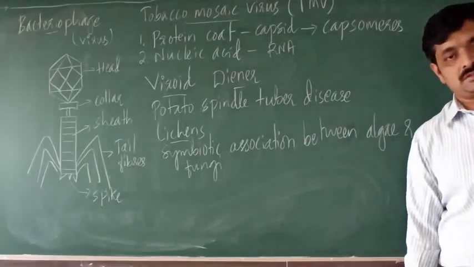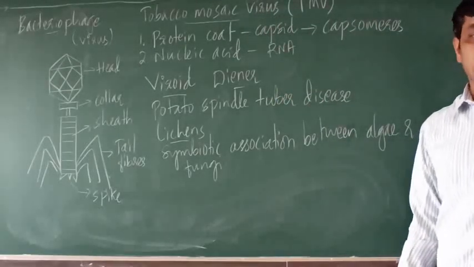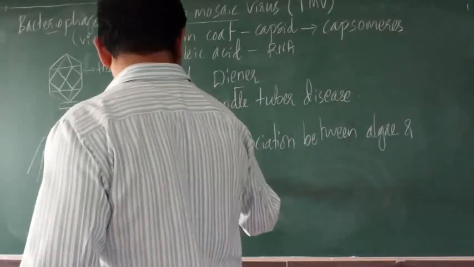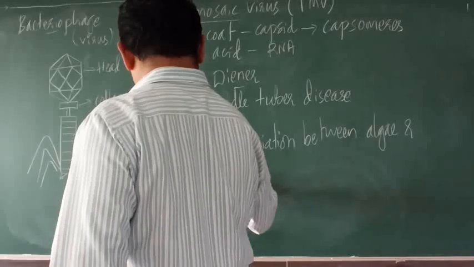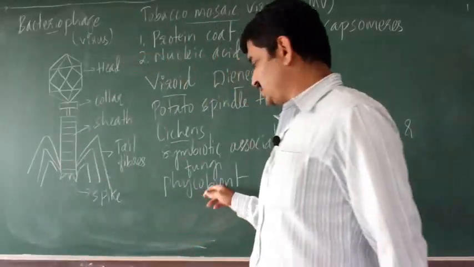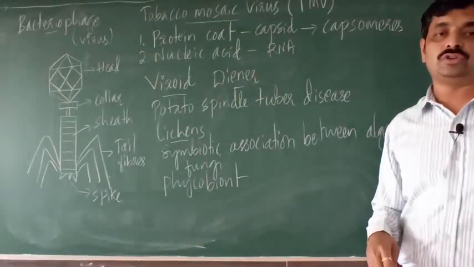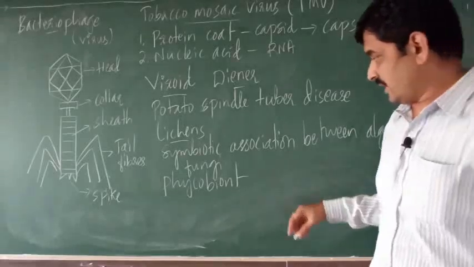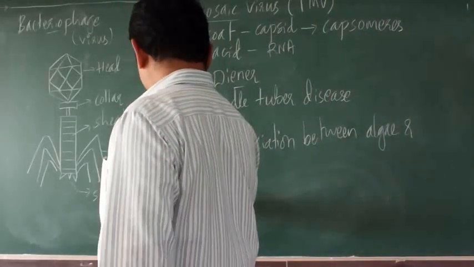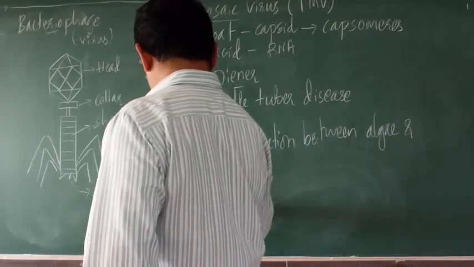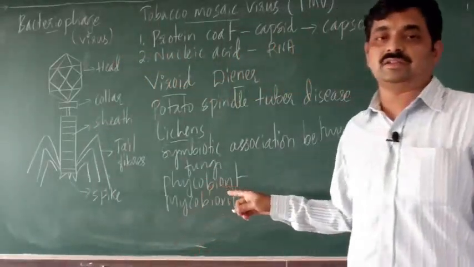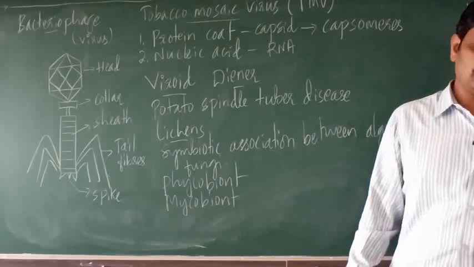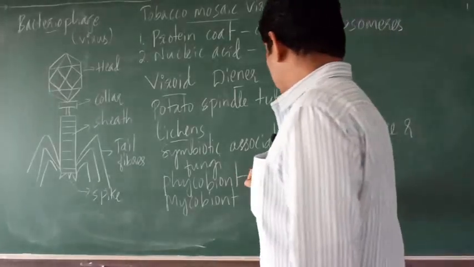In lichens, the algal part is called phycobiont, whereas the fungal part is called mycobiont.